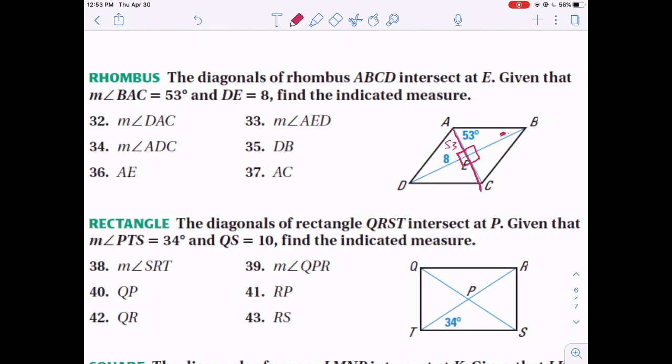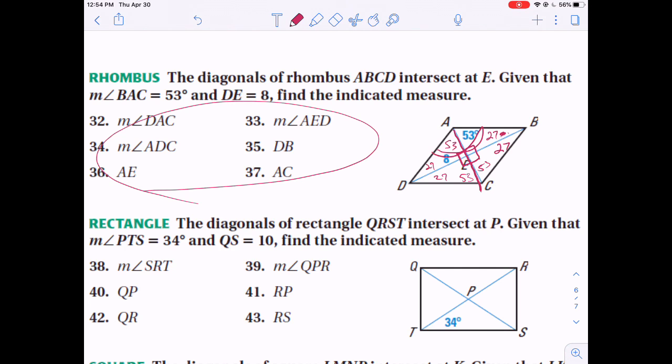So I think if I put a 27 in here, this would be 27 in here, right? And because the diagonal cuts it in half, this is also 27. And you can kind of go around the whole shape. Well, opposite angles are equal, so this 53 means this 53 is over here. 53, 53, and 27, and 27. And then you can go answer the questions over here.